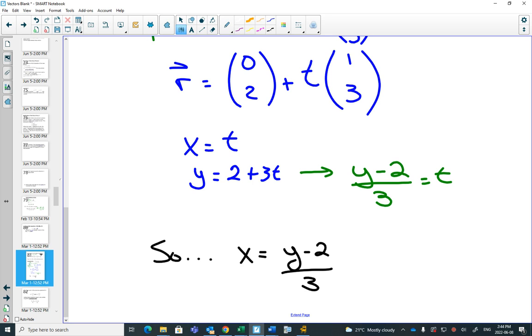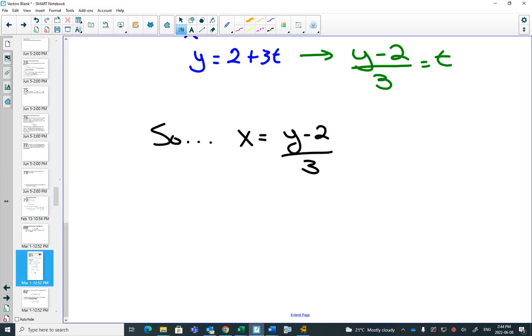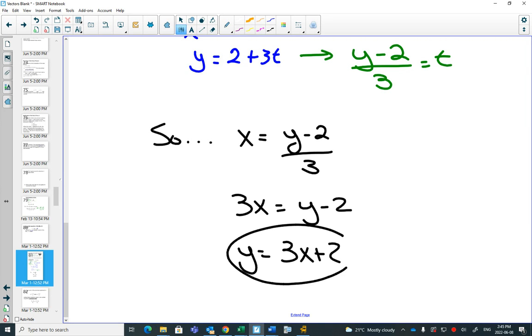And now you can simplify and rearrange this. I can multiply both sides by 3, and you will get exactly y equals mx plus b, which is the form you're used to, Cartesian form. So you can take a vector equation and change it back to our Cartesian equation.